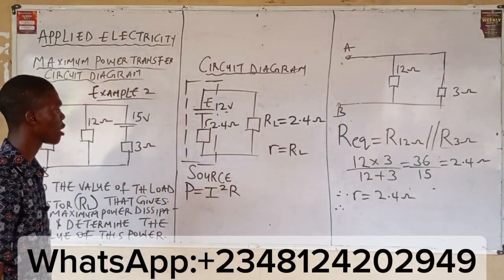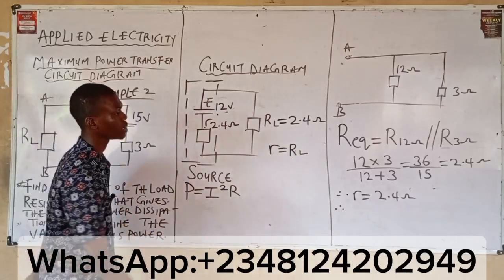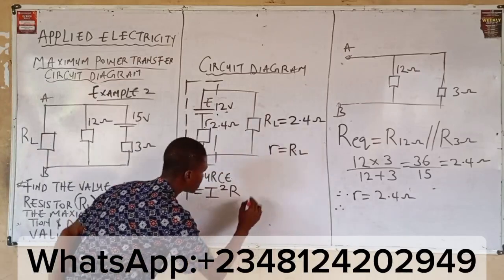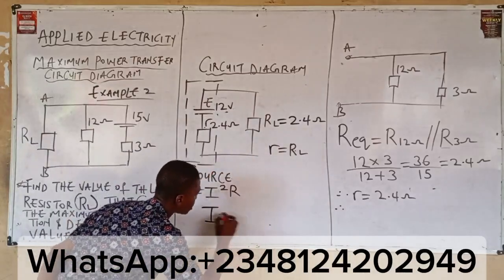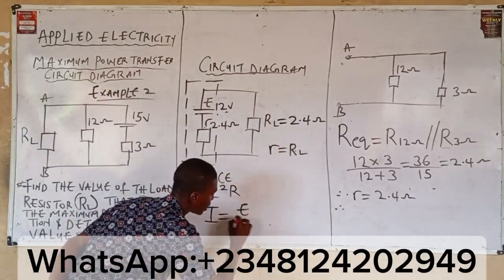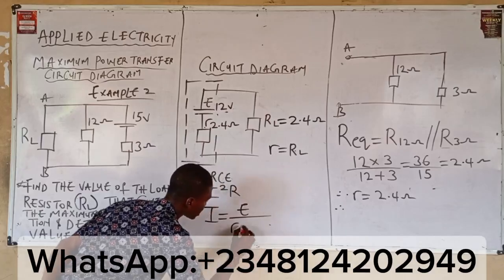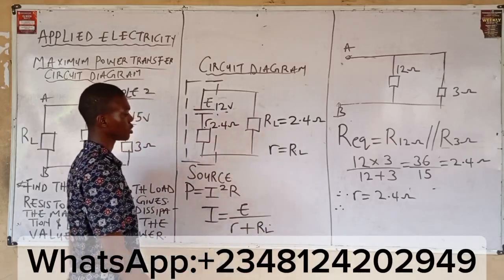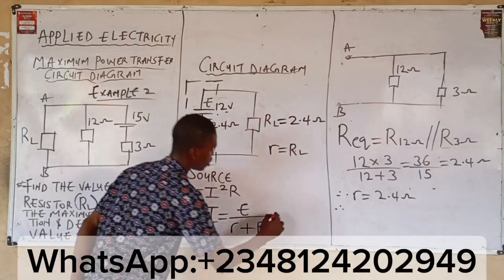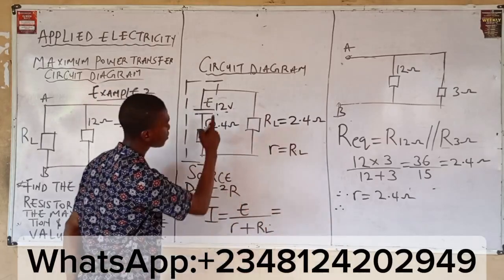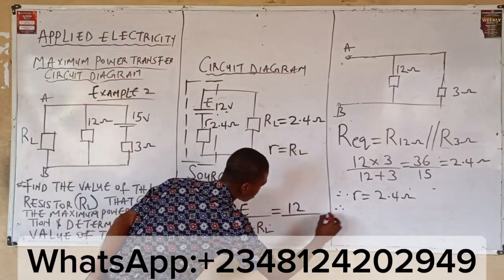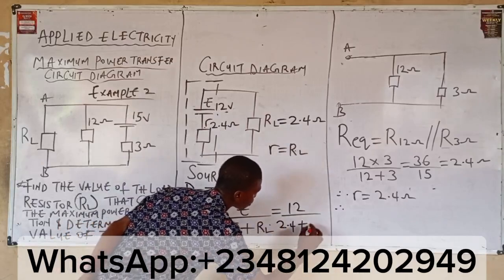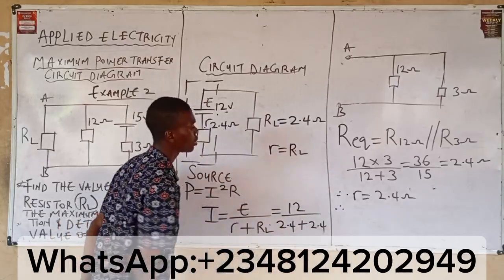I squared R. Now let's get our I using the formula for maximum power transfer. This formula says that I is equal to the cell E divided by the internal resistance plus the what? Load resistance. So let's substitute our values. We have that the value of our cell here is what? 12, all divided by the load resistance 2.4 plus 2.4.